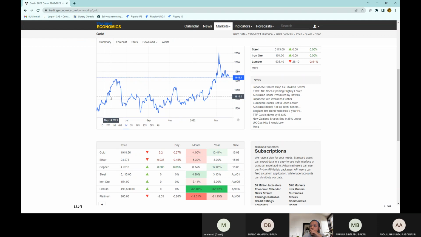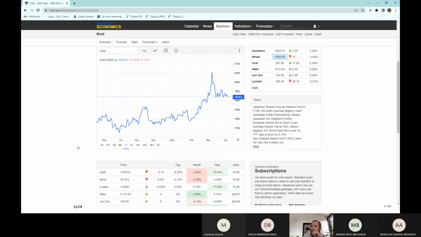If you look here, this is 1 year. The price of gold is quite volatile. It goes up and down, up and down, up and down, very much.